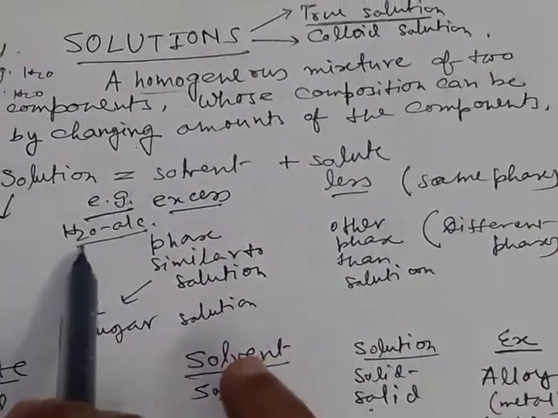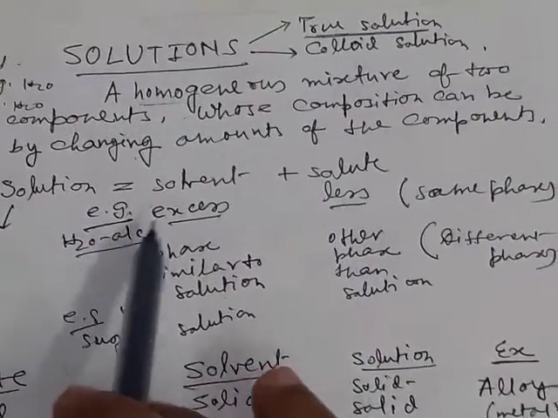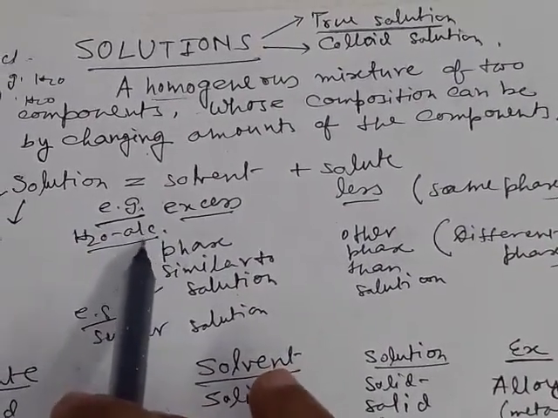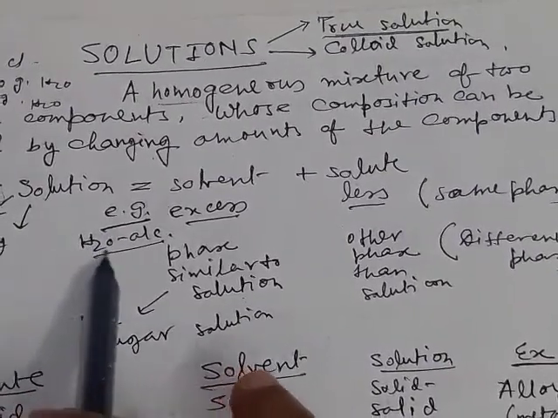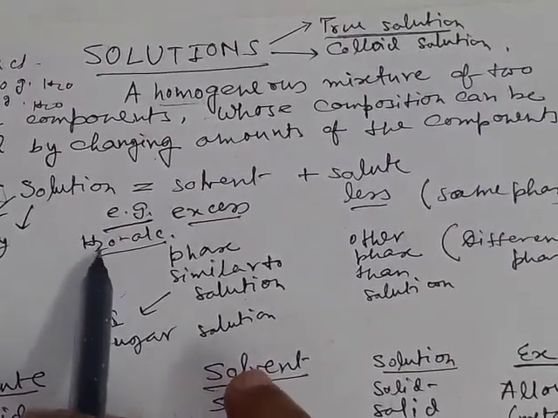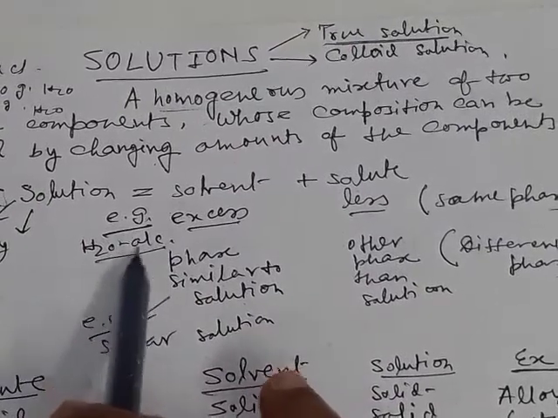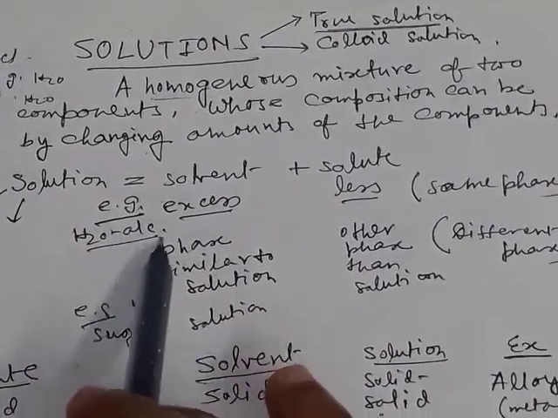For example, we take a water alcohol mixture. A small amount of alcohol is added to a large amount of water. As water is taken in large amount, water is solvent and alcohol is solute, and both are liquid in the same phase.